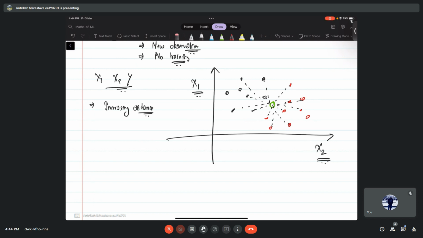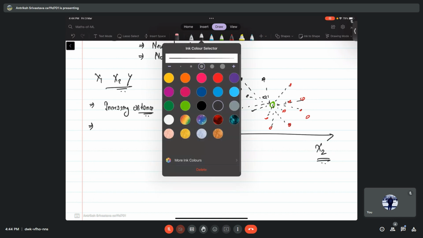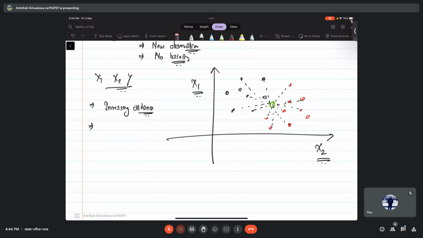So let's say we have this red point here. So this black point is the closest. And then there are two red points after that which are close to it, and then we have another red and black again. So the list, if I just represent the class in the list, will look like black, red, red, and black.